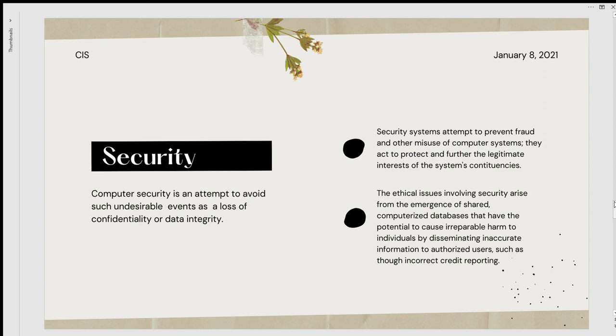So, yung information na to, pwede siyang mapunta sa wrong hands and can be used sa mga wrongful activities. So, leaking important and accurate informations to unauthorized people can be a disaster, as well as giving inaccurate information to authorized people may cause problems such as through incorrect credit reporting.